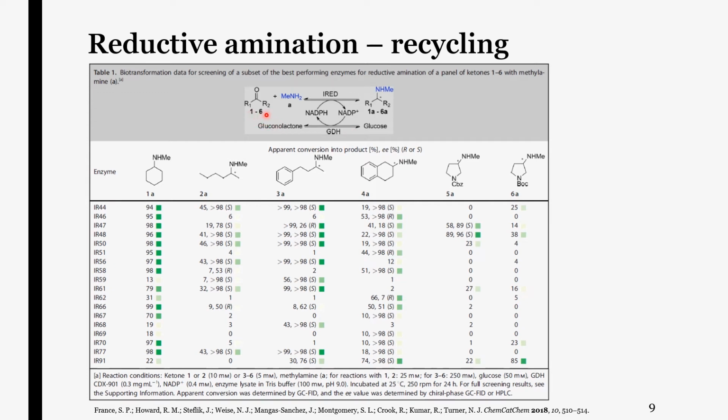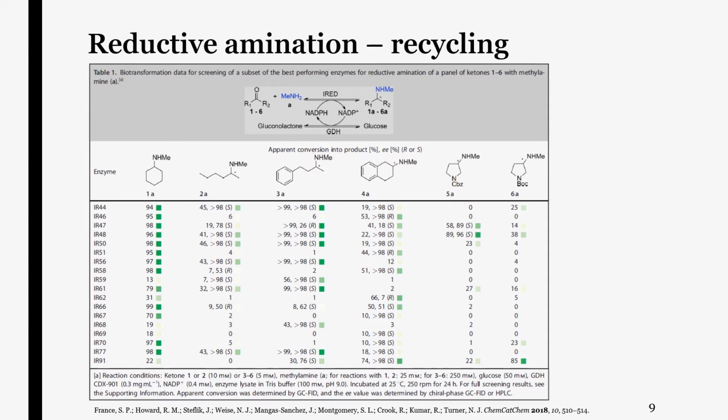Therefore, in this paper, they investigated different carbonyl compounds, and they used methylamine to yield the chiral amine products. There they have a rather nice conversion with this product here. They also used secondary amines and also aromatic substrates, and also protected amines they could obtain.